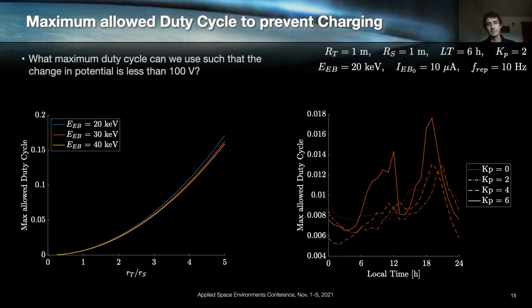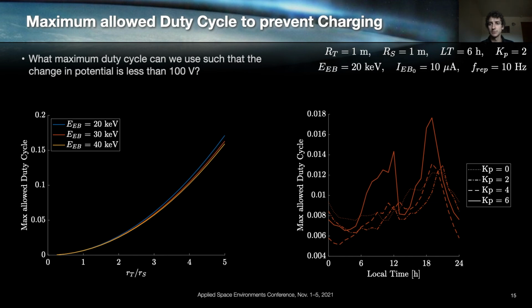Now on the left-hand side, we see what maximum duty cycle we could use such that we change the potential by 100 volts or less. And basically, it's very similar to the maximum allowed current. If we have equally sized spacecraft, we could use a duty cycle of about 1%.